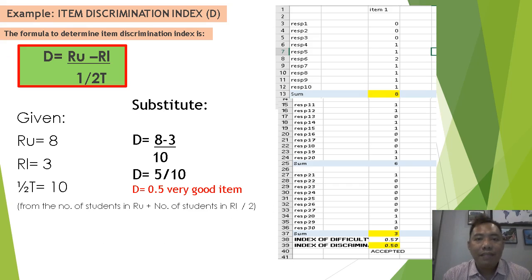This formula can be appreciated in part 2 of the discussion using Excel and SPSS, to be reported in part 2 of this topic.